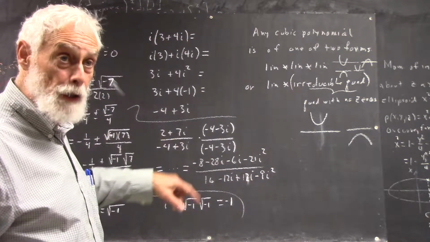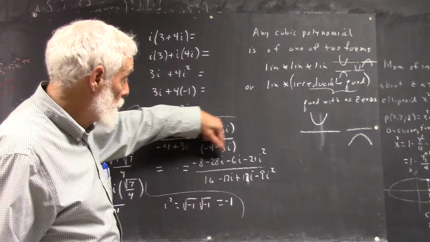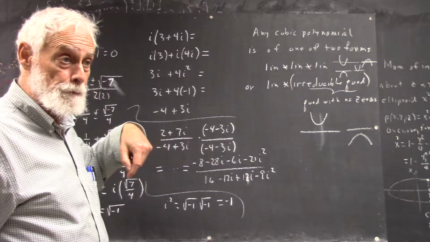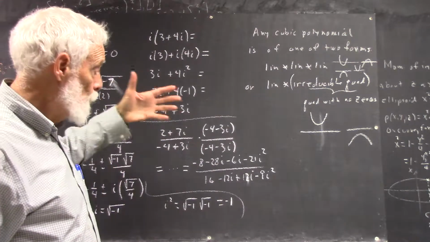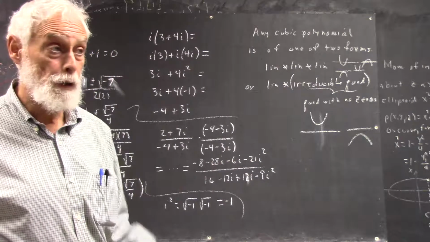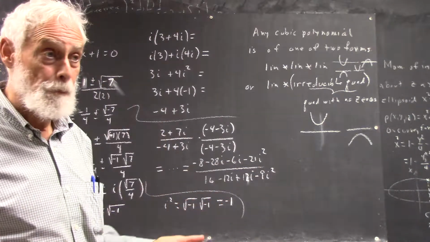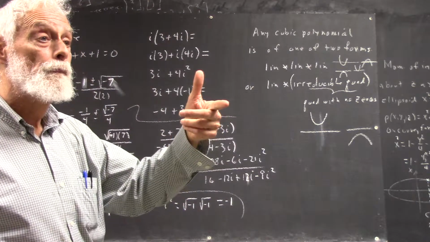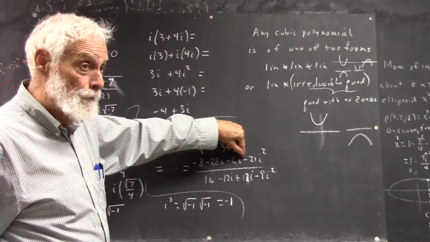Okay, so here we have this. This simplifies very easily, right? How would I simplify the numerator? There are two really obvious things we have to do to simplify the numerator. What are they? Combine like terms. Yeah, you got a negative 28i and a negative 6i, right?